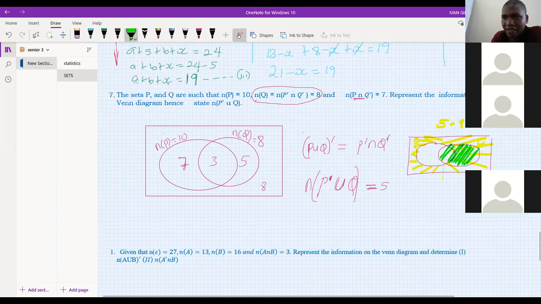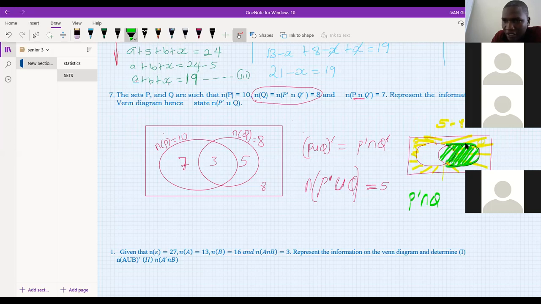Now, if they were asking for the region P complement intersection Q, we would take this region here, where we have the two shadings, where we have both green and yellow.